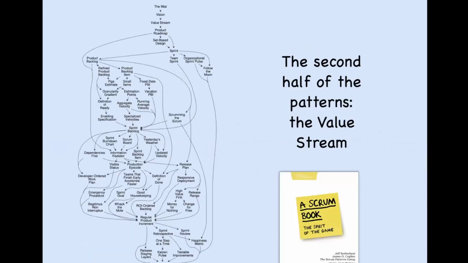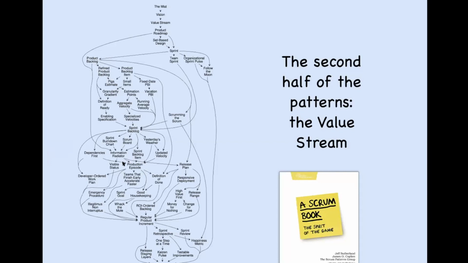There's another pattern language for the value stream. So we can see things here like the product backlog in the upper left-hand corner. The sprint backlog is kind of in the middle. So the product backlog flows into the sprint backlog. There's a pattern, pigs estimate. Only developers estimate, right? Aggregate velocity and so forth.